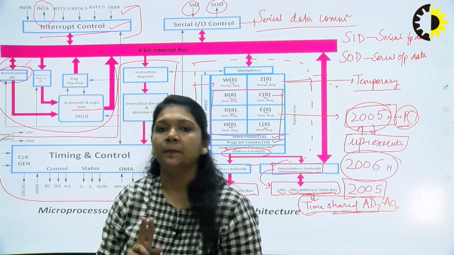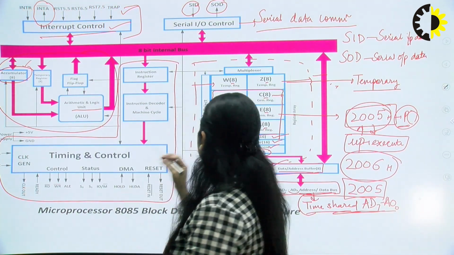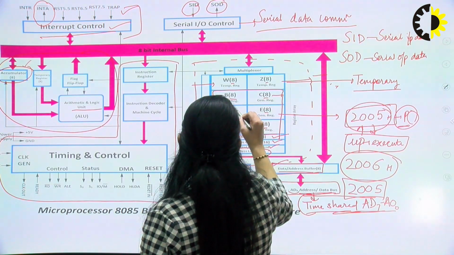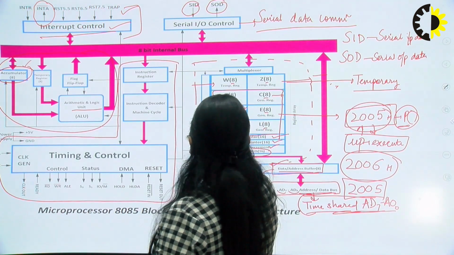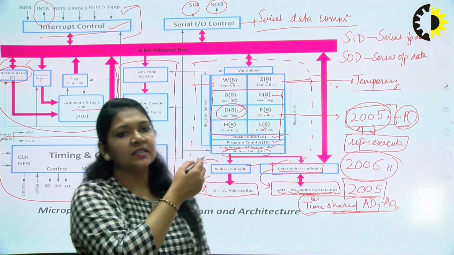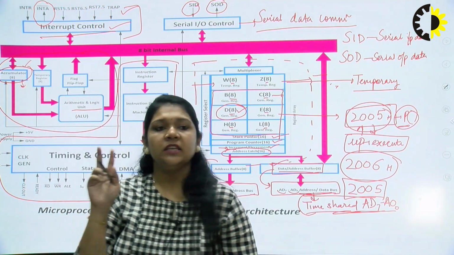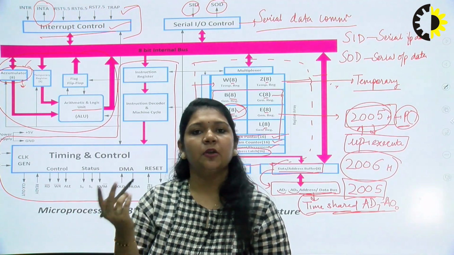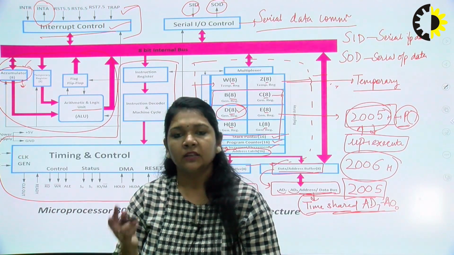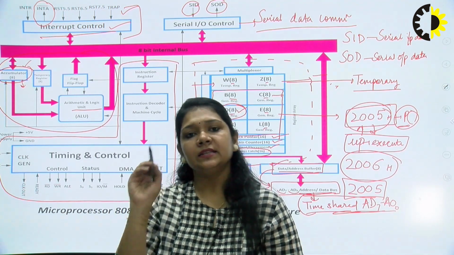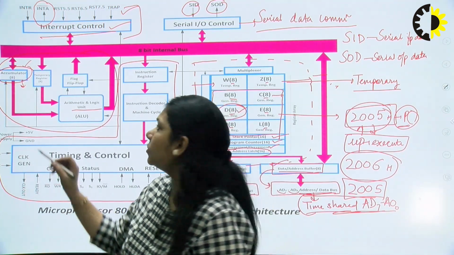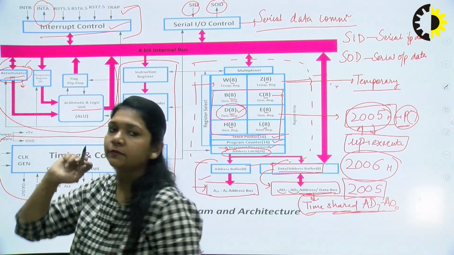Suppose we are adding two numbers, and one number is stored in some register, say register B. Register B has one number and the accumulator has the other number. These two numbers will be added when the microprocessor gets the instruction ADD, and the result will be stored in the accumulator itself.